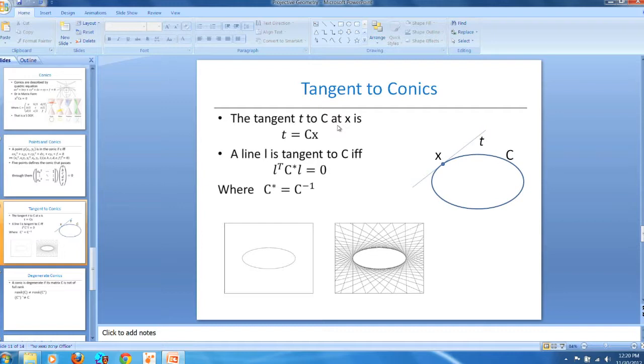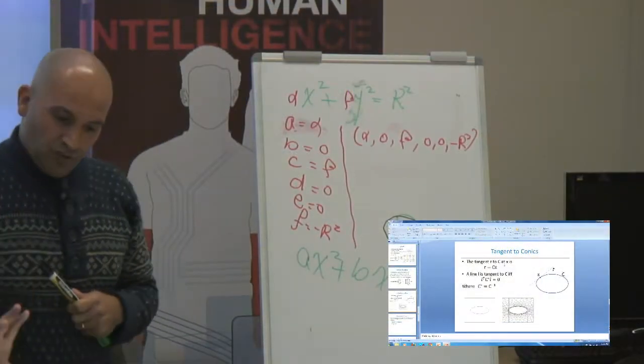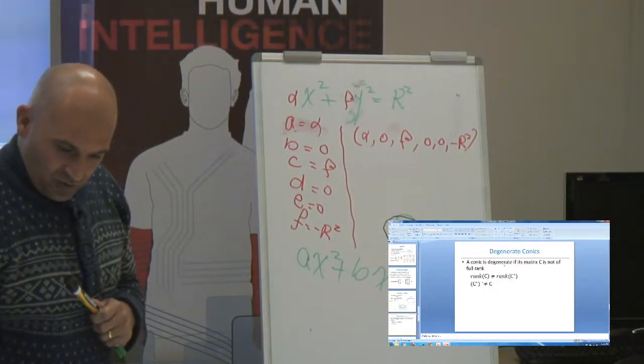Recall that a point X that satisfies the conic gives us this value, but Cx also gives us the tangent of the conic at point X. Is that clear? So here we have the conic and the tangent representation of the conic. That's pretty much the duality of this.